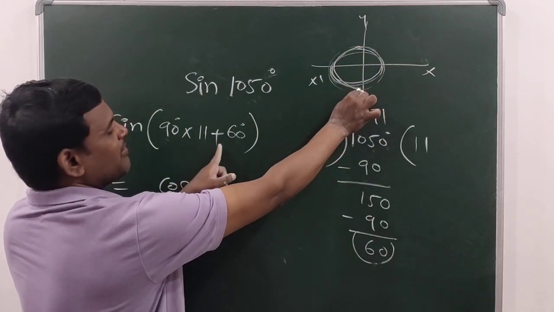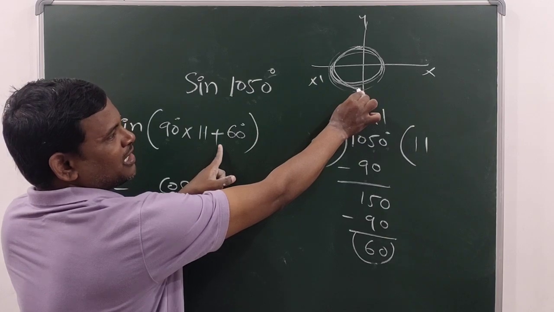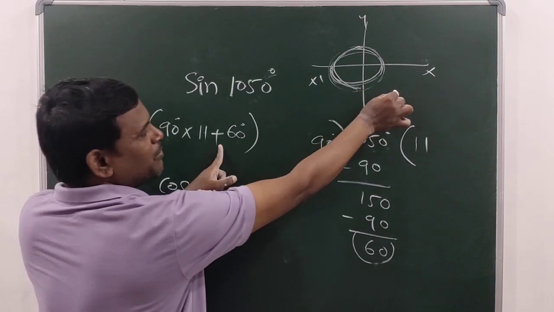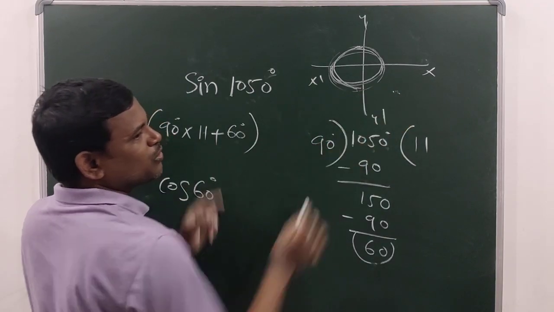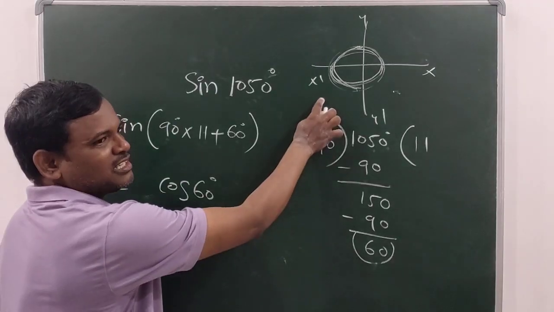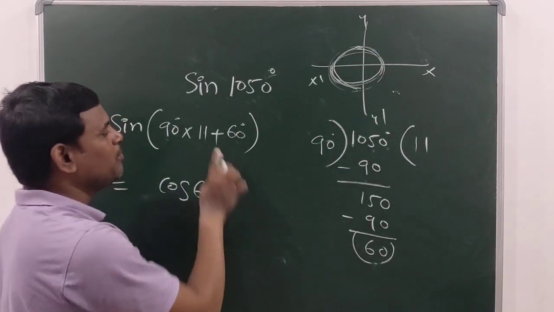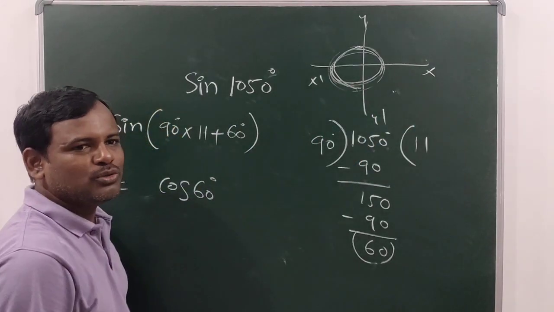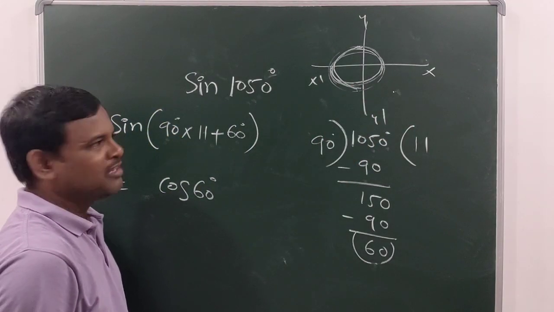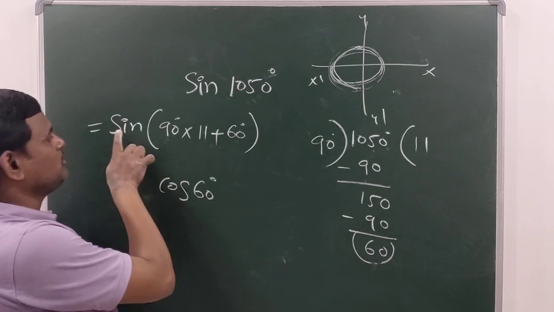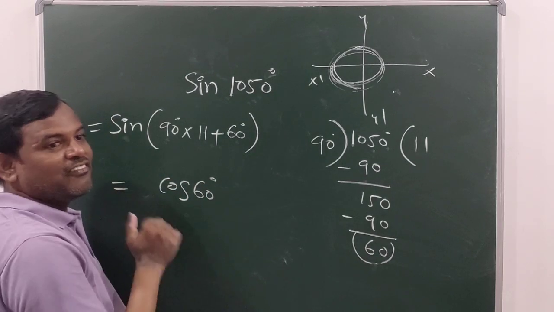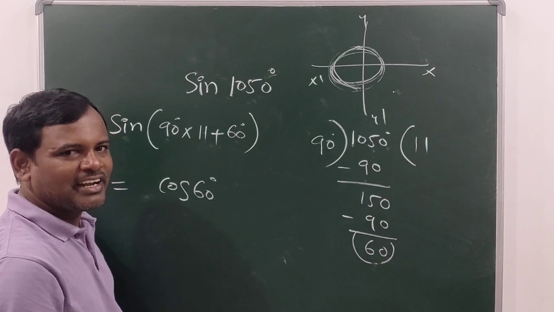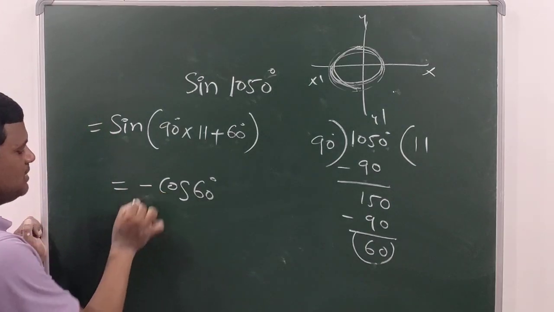Plus given or minus given here? Plus. 11 90s over. Plus means it belongs to the next quadrant, that is the 4th quadrant. Minus means the back quadrant, that is Q3. Plus given, so this belongs to the 4th quadrant. In the 4th quadrant, don't look at the transformed ratio, see the given ratio. Obviously the sign in the 4th quadrant is negative, so minus.